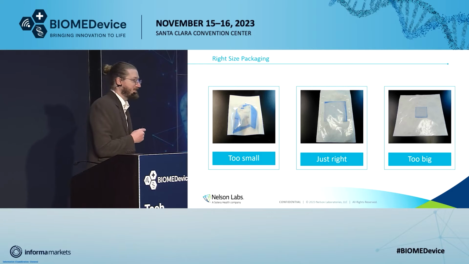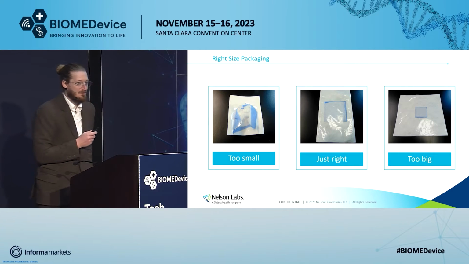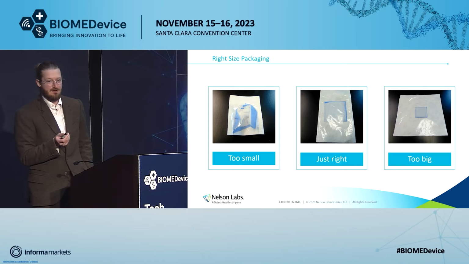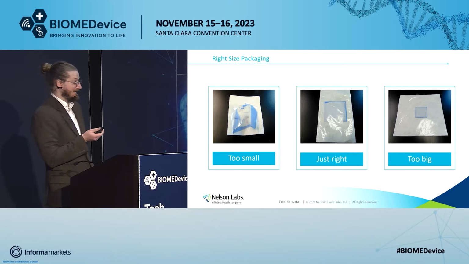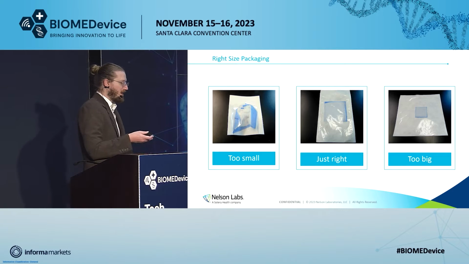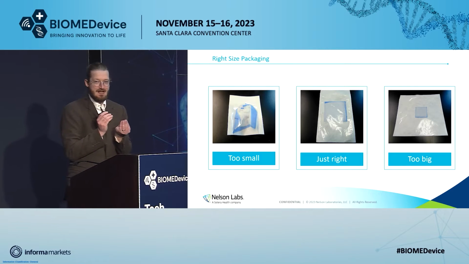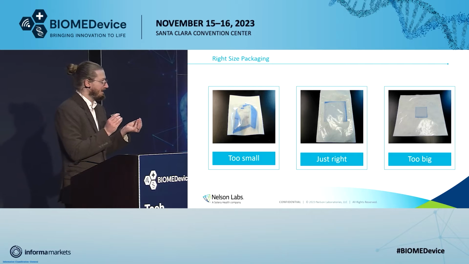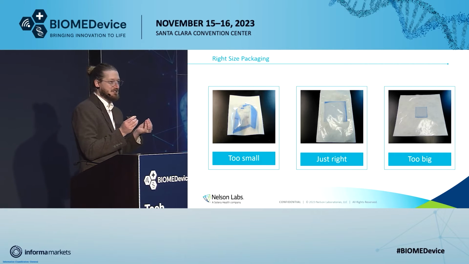Right sizing of packaging. This is another thing that can impact whether or not your sterile barrier maintains its good sterile barrier. If something's too small, the pieces of your medical device might jut, protrude, have jagged edges that can breach the barrier, right?